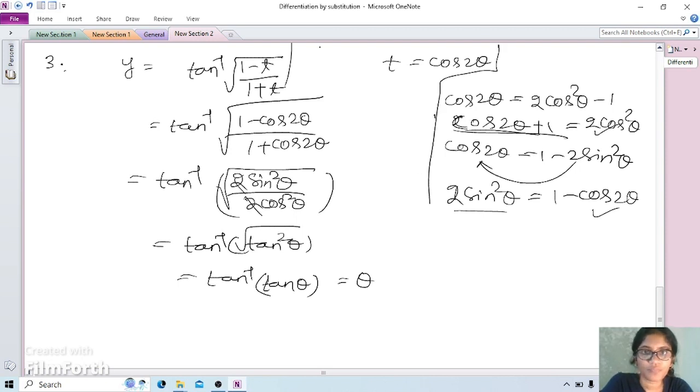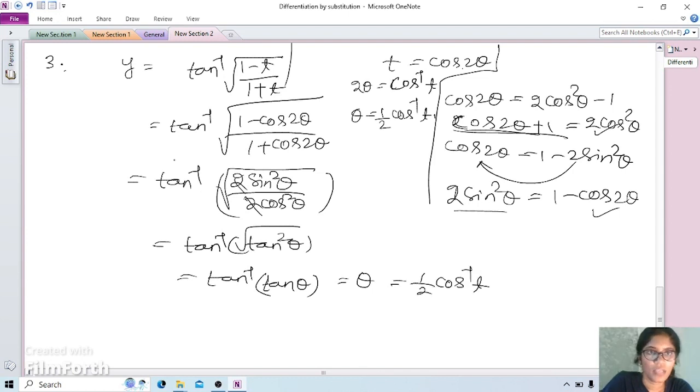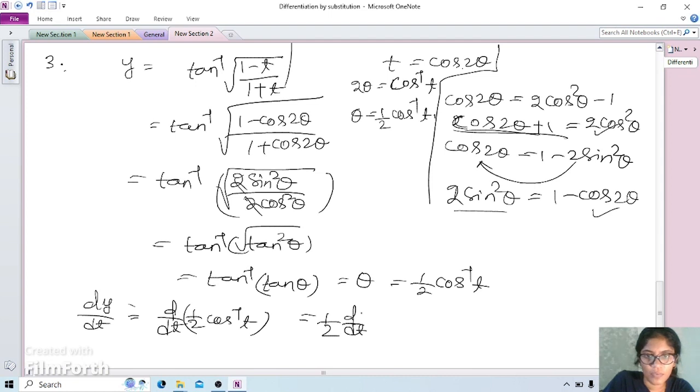By the u by v rule, it is 1 minus t square into d by dt of 2t, minus 2t into d by dt of 1 minus t square, divided by (1 minus t square) whole square, which equals 1 minus t square into the derivative of 2t, which is 2, minus 2t into the derivative of 1 minus t square, which is 0 minus 2t, divided by (1 minus t square) whole square.